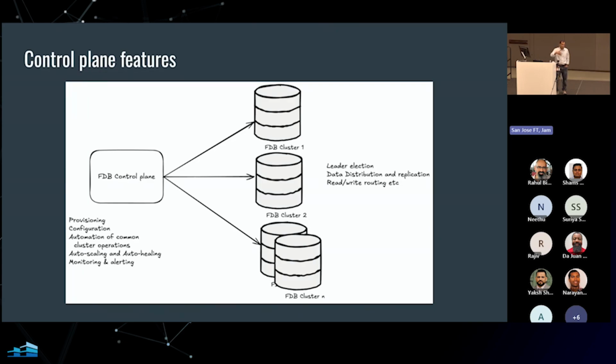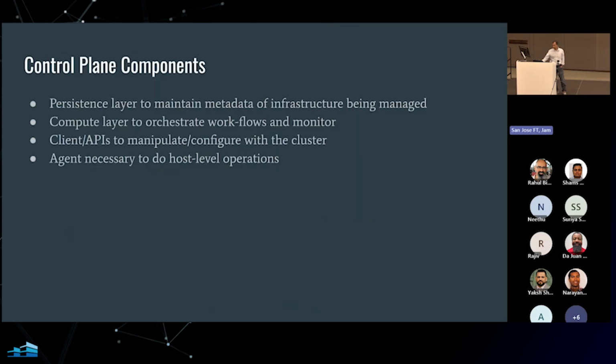Everything else has to be done outside of the KV software in the FDB control plane, which is pretty broad. Some of the things I've listed are provisioning, which is bringing up the cluster, configuration of the cluster, changing the configuration of the clusters, and automation of the common operations. I'll detail what those operations are in a bit. And things like auto healing, auto scaling, and monitoring and alerting, all of this has to be done outside of the core KV, and broadly we call it the control plane.